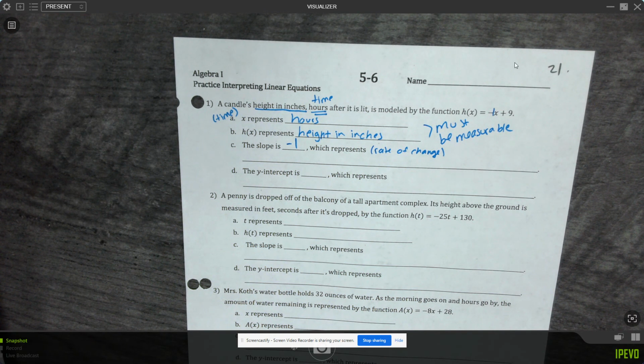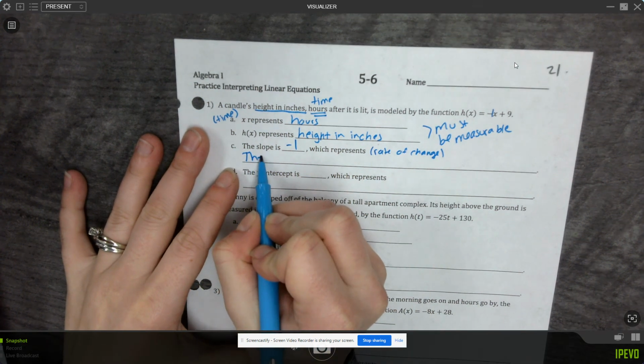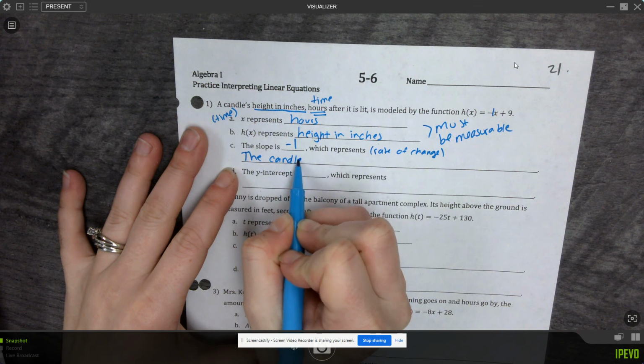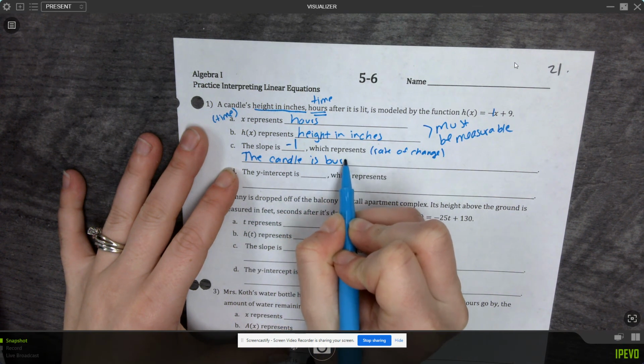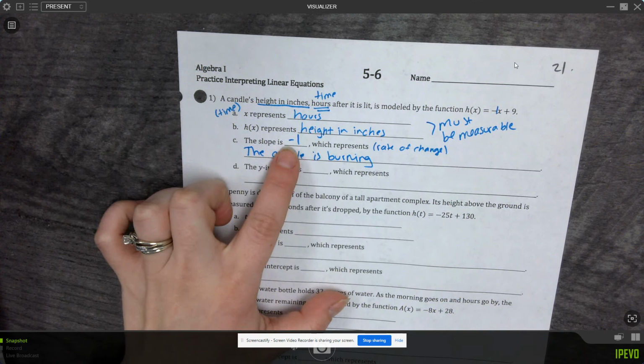I have a candle. Its height in inches, hours after it is lit, is modeled by your function. So what would that negative tell you is happening to your candle? It tells you it's decreasing. It tells you it's going down. It tells you it is burning. So I'm going to say the candle is burning. I know that because it's the negative.